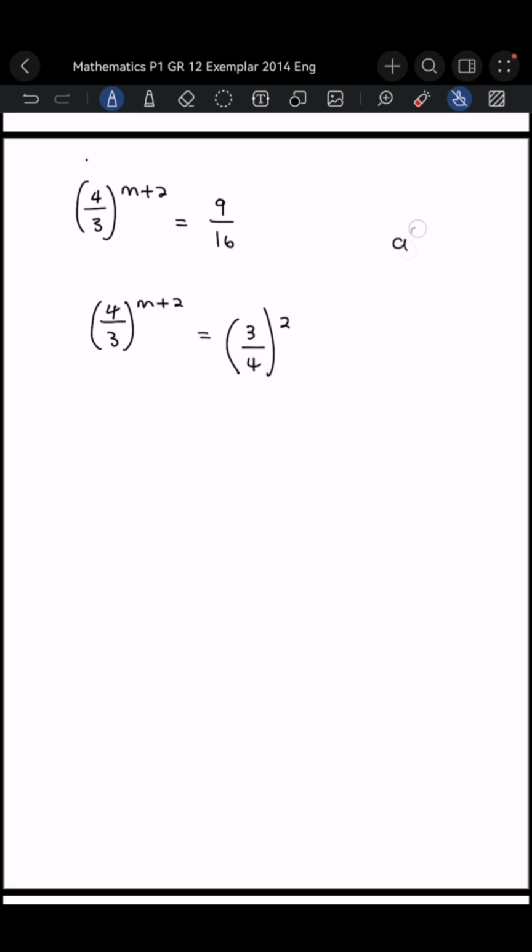Remember, a squared divided by b squared is equal to a over b all in brackets squared. Therefore, what we have is this: 4 over 3 to the m plus 2. And then we do a trick here, which is if we introduce a negative exponent, it flips the fraction.